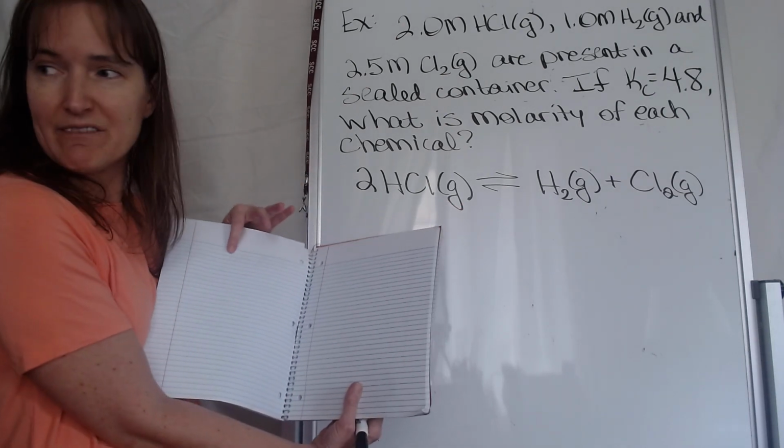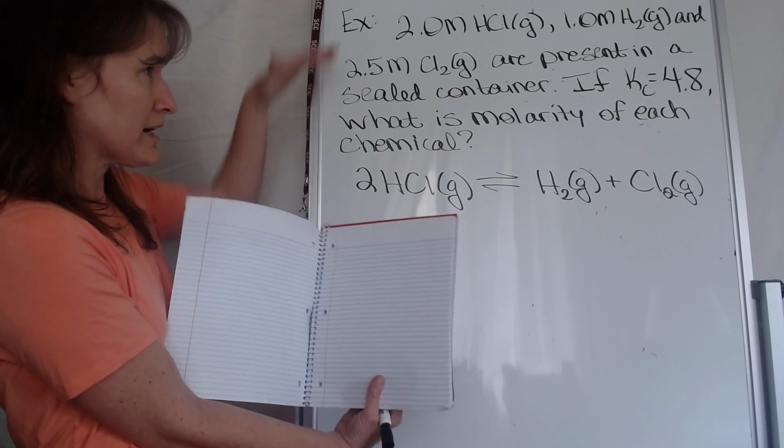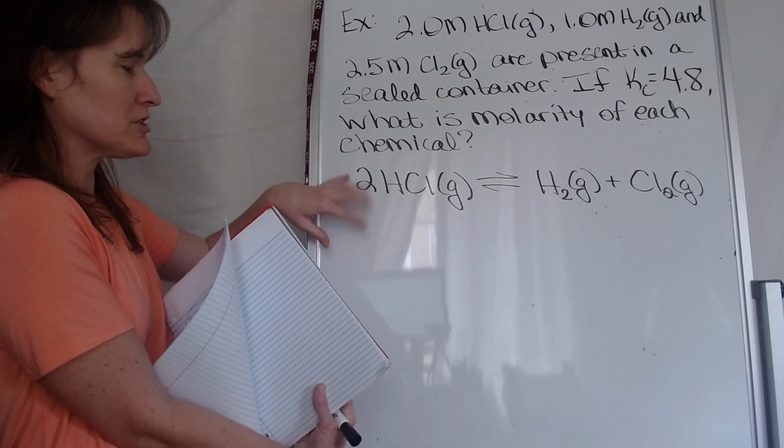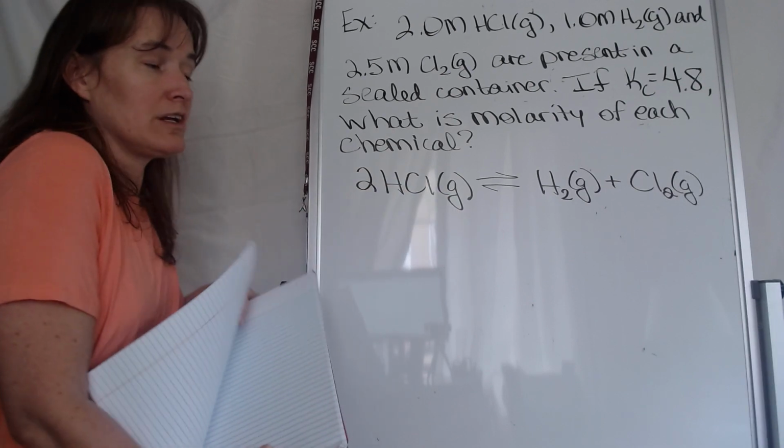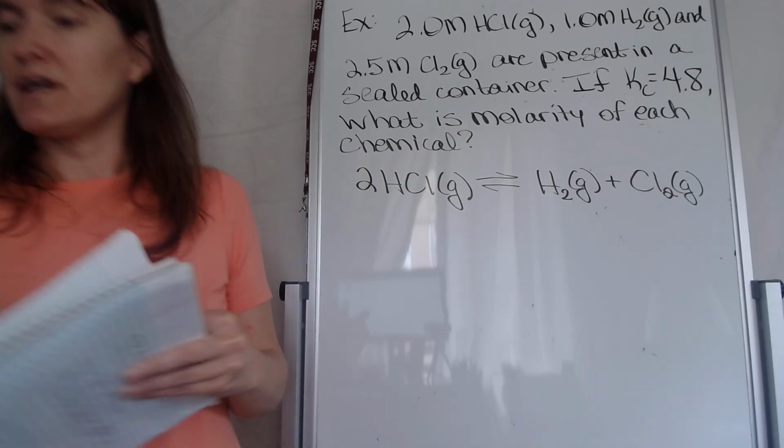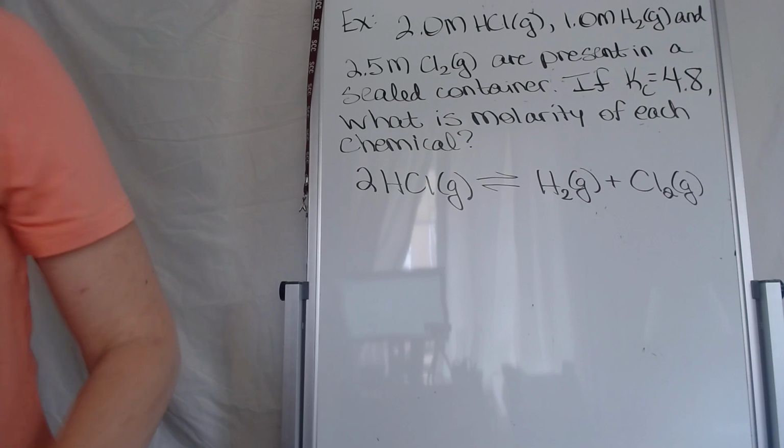So start at the back of a piece of paper and start by copying down this part of the information, and then write down the reaction. You're going to need an ICE chart. All the things today involve having an ICE chart.